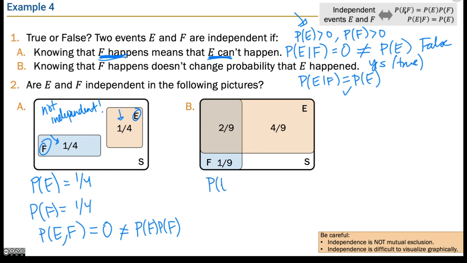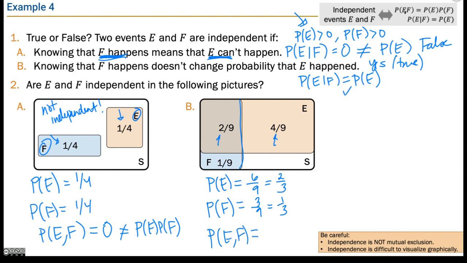So here my probability of E is going to be 2/9 plus 4/9, 6/9, or 2/3. My probability of F is this whole part here, is 2/9 plus 1/9, so 3/9, or 1/3. And then let's look at both. The probability of E and F, so I'm looking at where they intersect, is 2/9, just this part here.